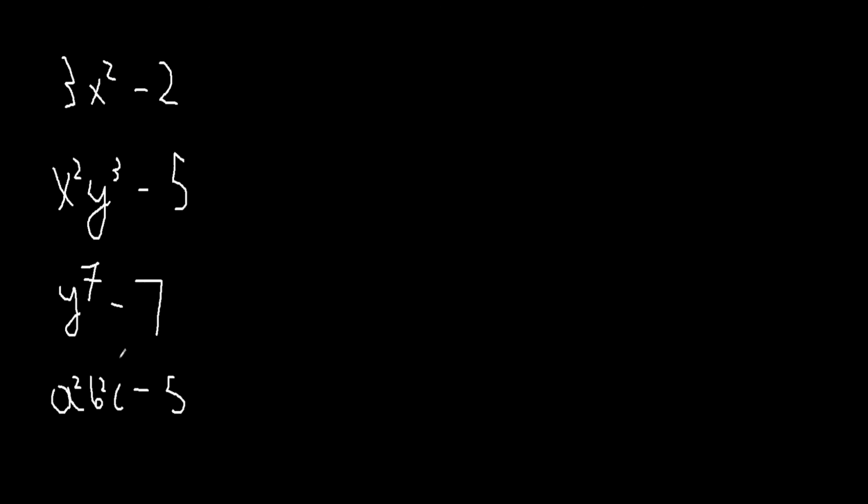But for binomials and trinomials and four-term polynomials, so all the other polynomials, when we take the degree of the polynomial, we have to look at the term with the highest degree. So if we look at an example where we have 3x squared plus x, we have to first look at our two terms in this polynomial, 3x squared and x.